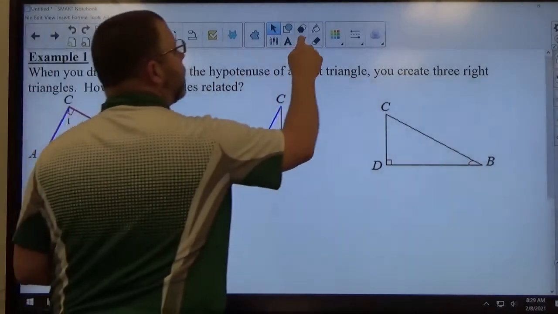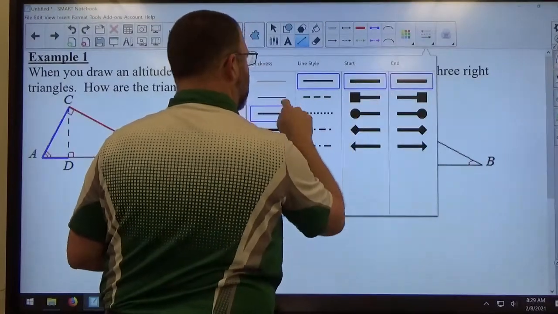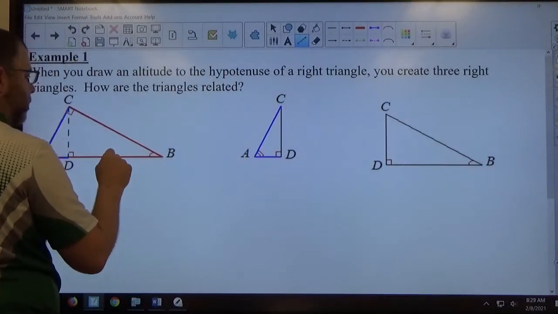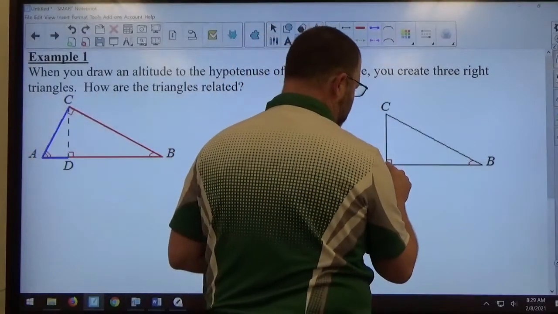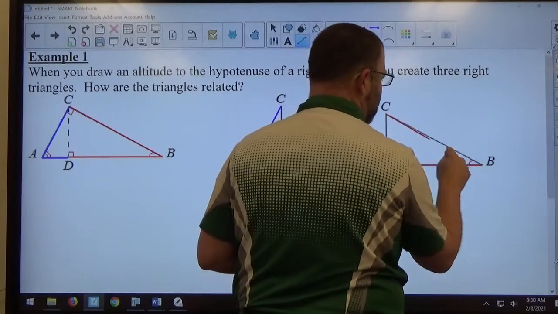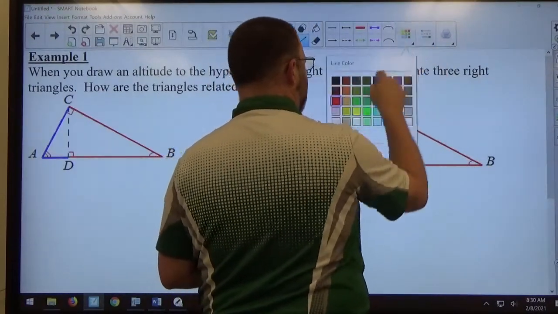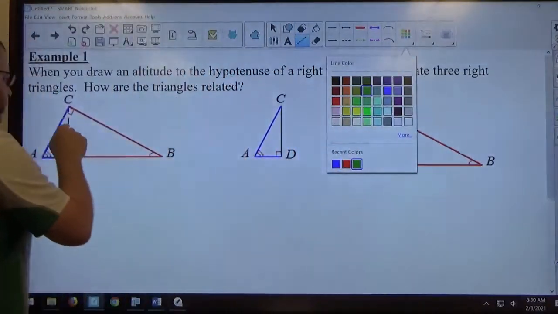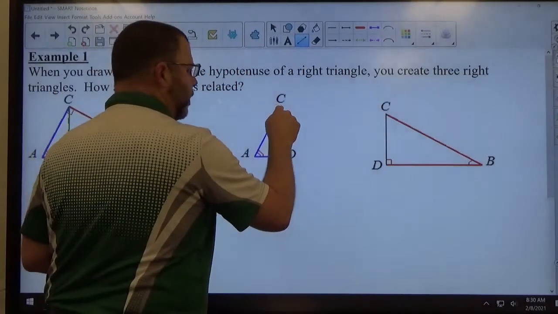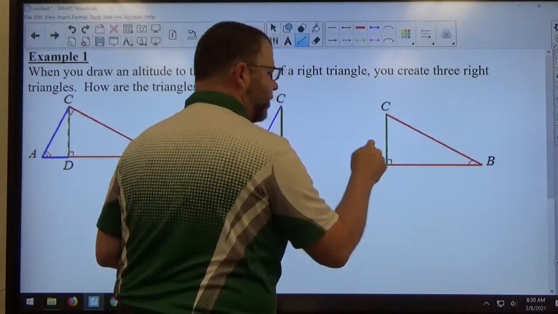So that's that, and then this is BD and BC. And then the CD, if I draw it in as green, that's the CD that's over here in both of those. So that's what's happening here.